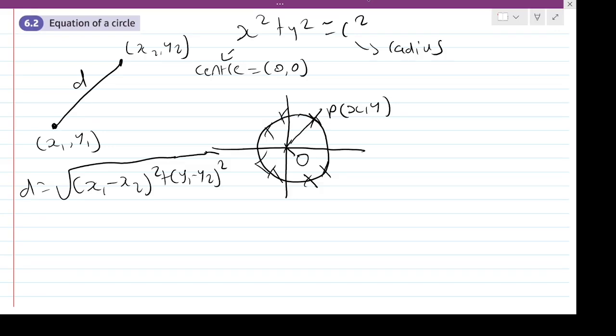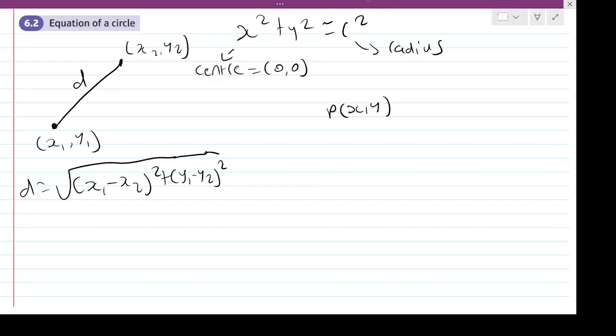So between here at the centre and P, that would be the radius, that distance between the origin and P, and that would be the same no matter where on the outside of the circle we go from the centre. All of these lines drawn from the centre to the outside of the circle will always be the radius. That is the whole idea of a circle: it's the points that are a distance of the radius from the middle.